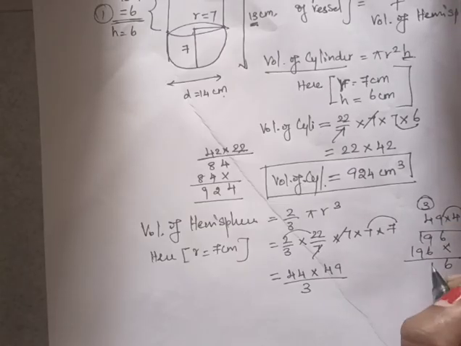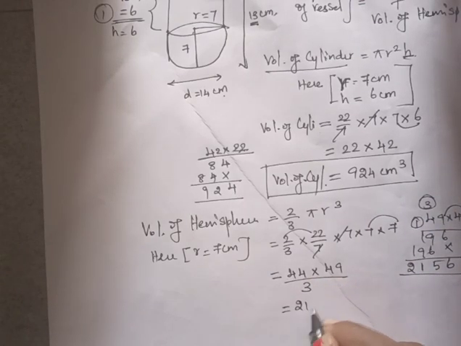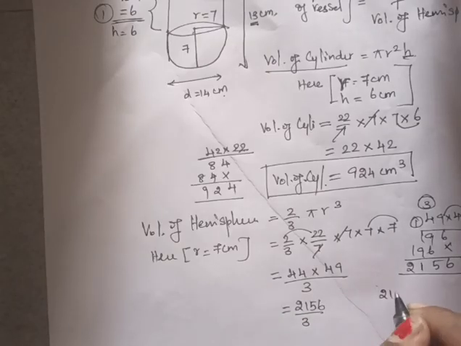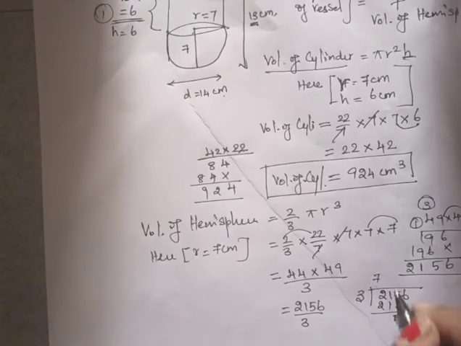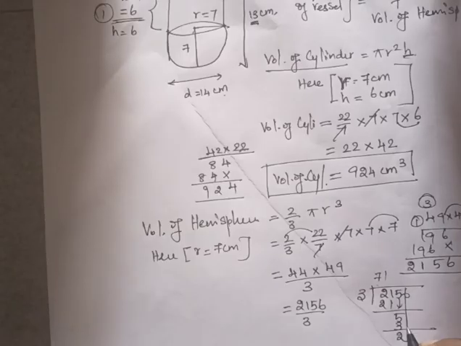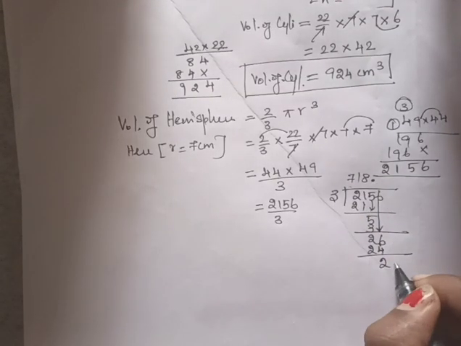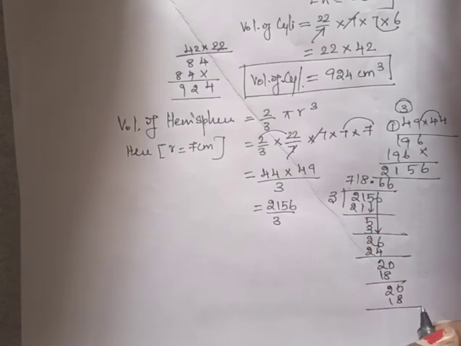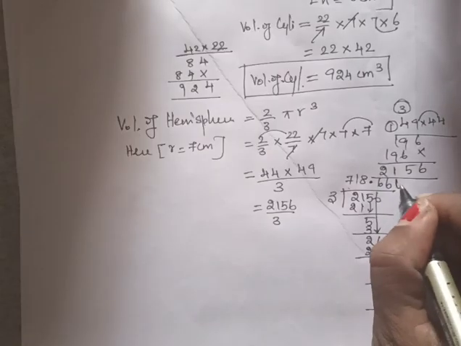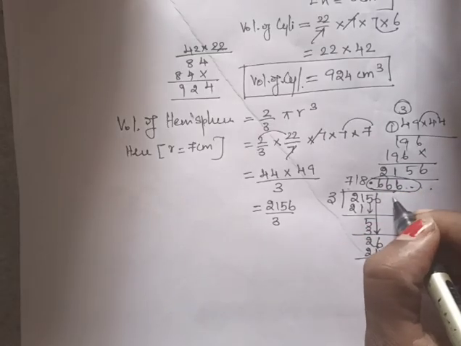Again 1 9 6, 6 1s are 6, remaining 1, 21. 2156 divided by 3. 7 times 3 is 21. 1 time 3, remaining 2. 8 times 3 is 24, remaining 2. 6 times 3 is 18, remaining 2. 6 6s go on, so we have to round off this value as 0.67.